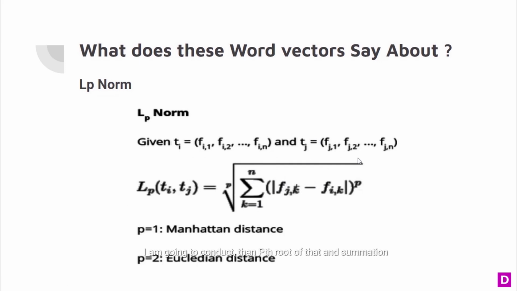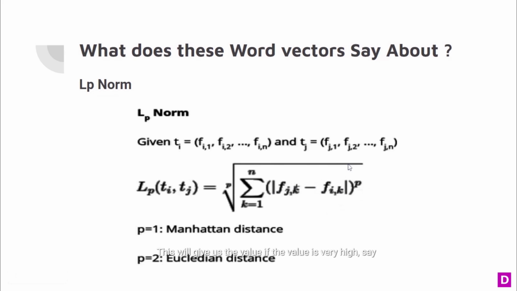Then the absolute difference, right? That's why I am using this modulus term. So the absolute difference between the frequencies of a given term in two different contexts, raised to the power of p. This will give us the value.